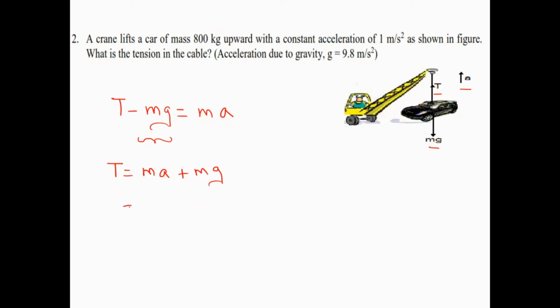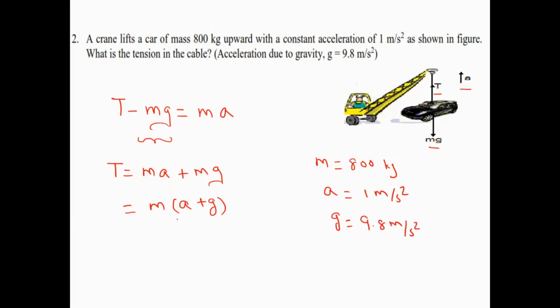Here m, the mass, is the common term, so I'm going to take it out, and the remaining is the upward acceleration plus the acceleration due to gravity. Better I write the given first. The mass of the car is 800 kilogram, the upward acceleration is 1 meter per second square, and the value of g we already know is 9.8 meter per second square.